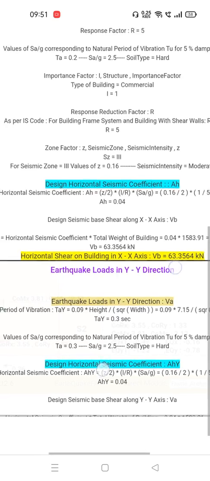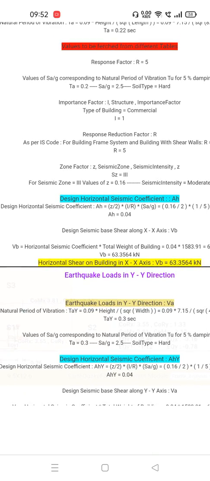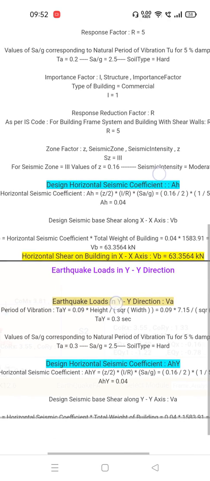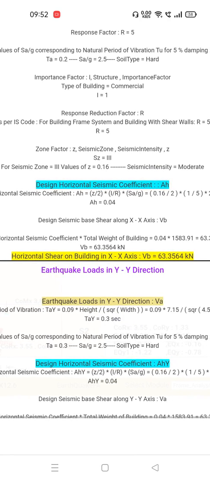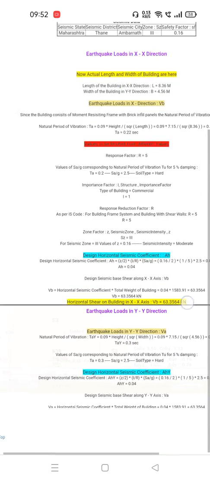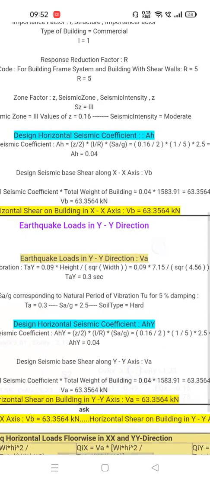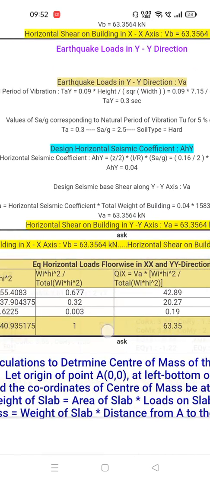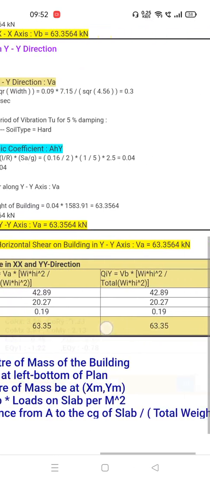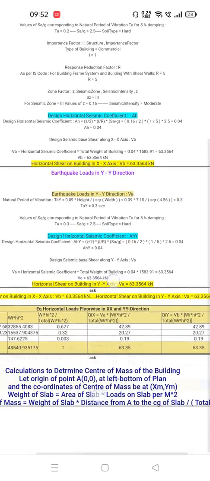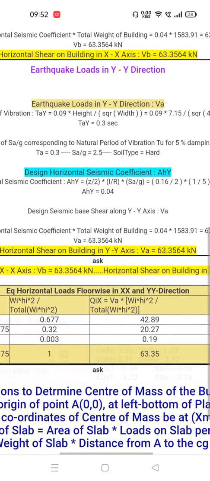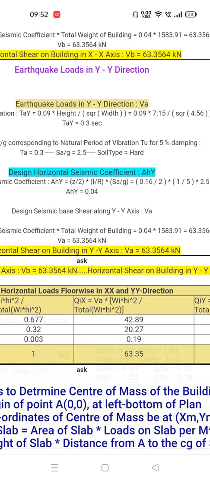Then the design horizontal seismic coefficient, and accordingly horizontal shear on building in XX direction. Same way for the YY direction. Now here we have shown the earthquake horizontal load floor-wise in XX and YY direction in this table.